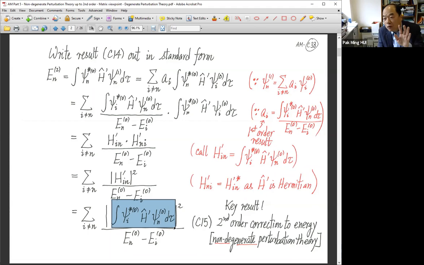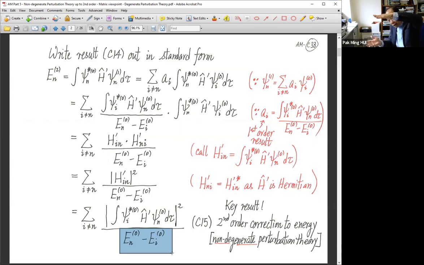So that is a real thing, an energy squared term, okay? Now, the more important thing is the denominator. Nothing new, again. If a state is below you far, far away, the effect will be small. If a state is above you far, far away, the effect is small.